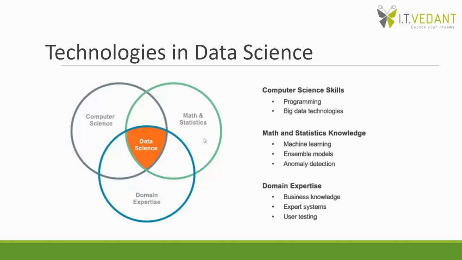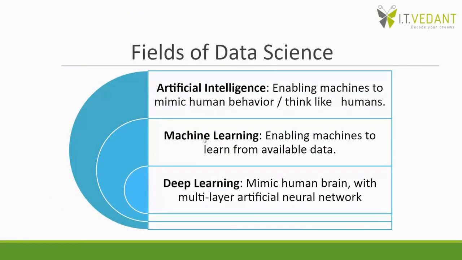Moving ahead, we are going to talk about the fields in data science. This is very important that we understand what the fields in data science are. When I say artificial intelligence, that's the biggest layer, on the outermost layer. Inside that, we have machine learning, and then we have deep learning.